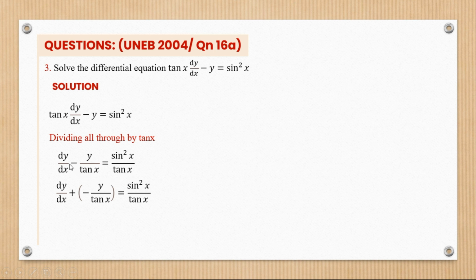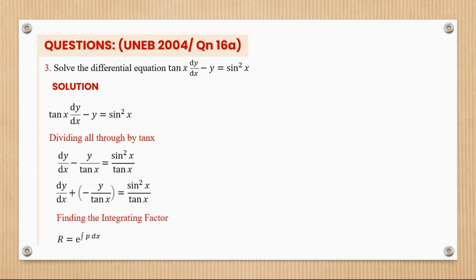What it means when we have a minus sign here is that the value of p actually has a negative. So we can put it in this form: dy/dx plus, in brackets, negative y over tan x, is equal to sine squared x over tan x. That just means we have a negative p, where the p value is equal to negative 1 over tan x.